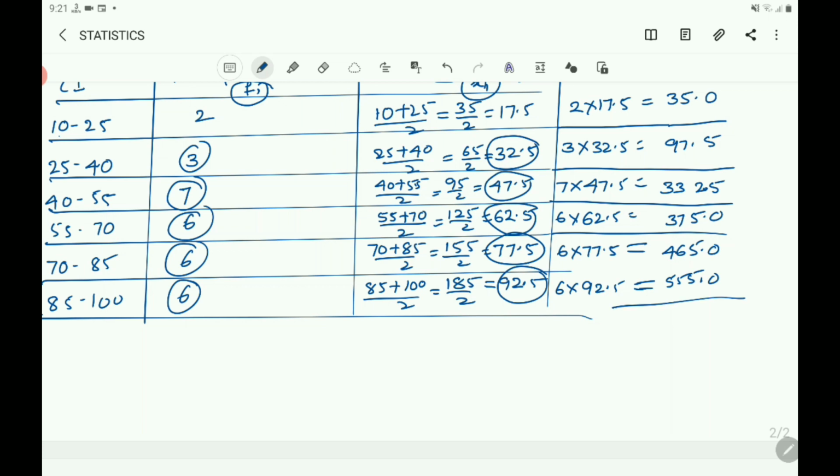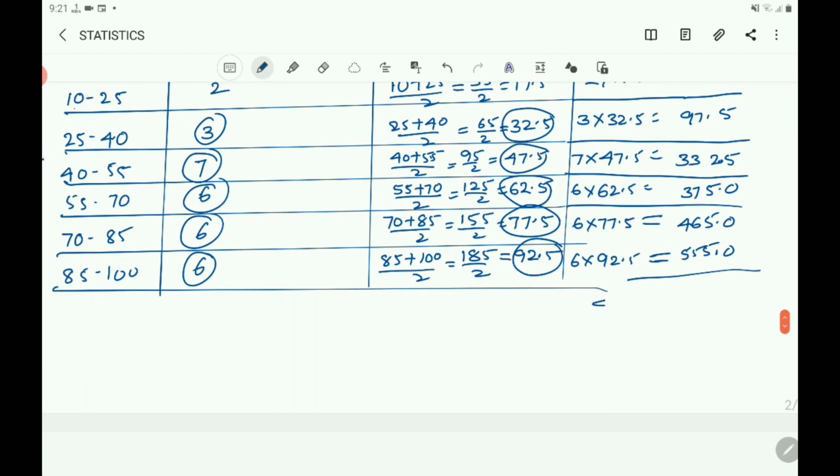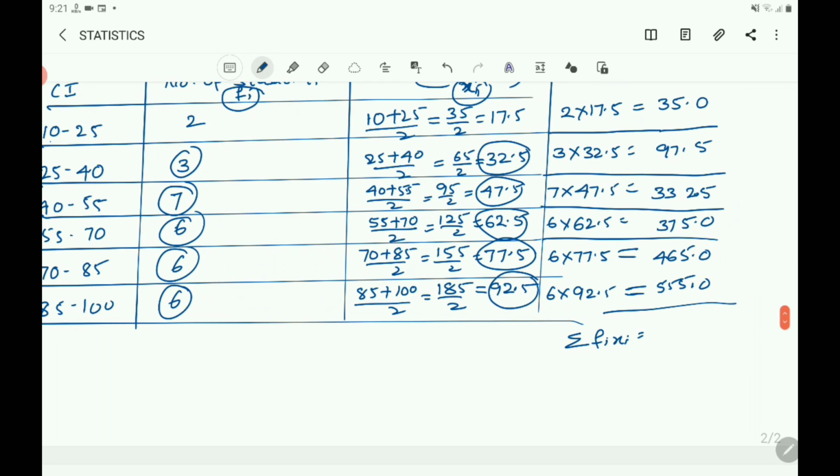Now you find all the Fi Xi and then the summation of Fi Xi, the sum of all these Fi Xi.